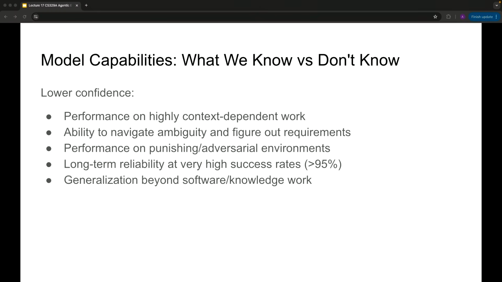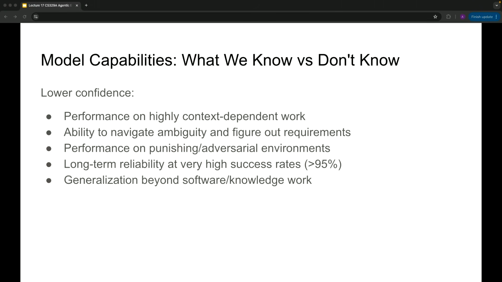What we have lower confidence in, if you look at model capabilities, is that the models' performance on tasks where you need a lot of context is low. If you don't have the context in the model's prompt, then the model doesn't quite know what to go work on. It doesn't quite figure out ambiguous prompts and just figure out what it needs to figure out to solve the problem.